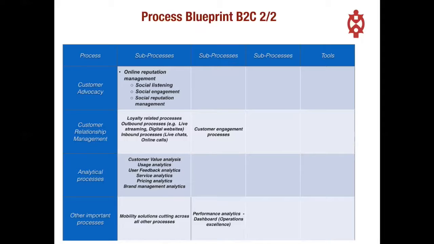It helps for you to say process, sub-process, and then match it to the tools that you have available or intend to buy or evaluate, and then put together your final process blueprint. It's just a takeaway, a template for you to use. It's not that you have to follow the same processes because, like I said, it all varies as per your organization. It's a good starting point, however.